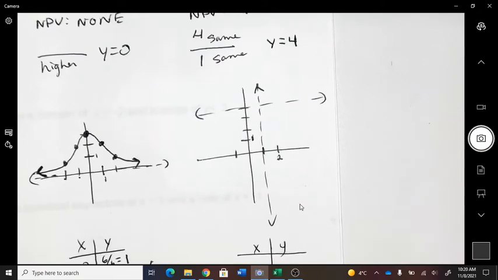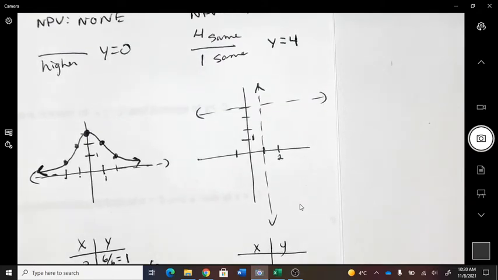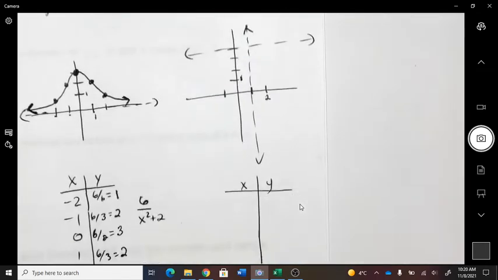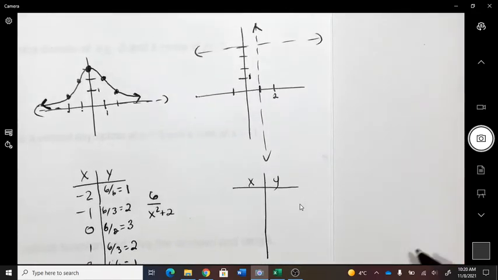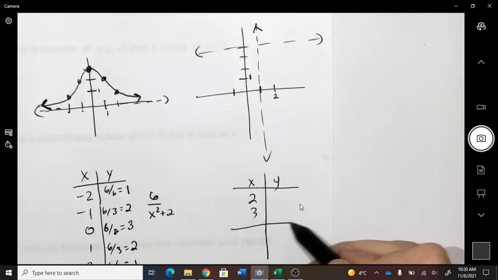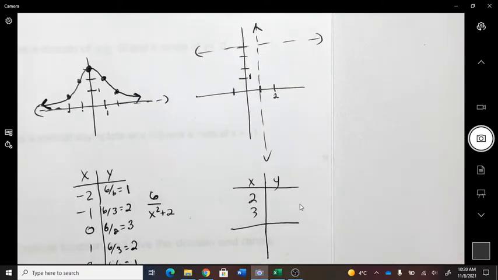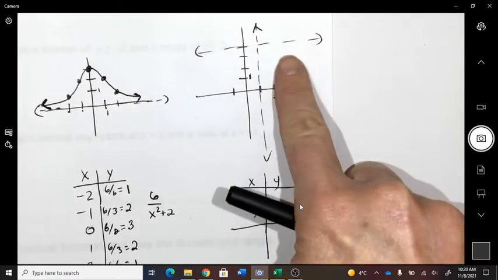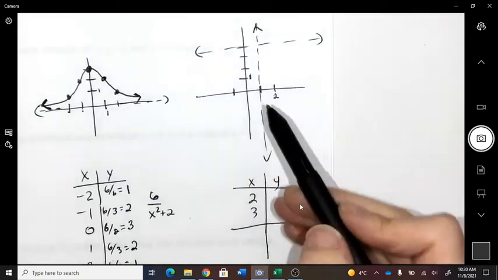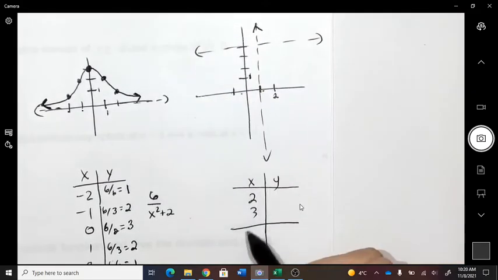If you were to pick some x values for your t-chart, I'm going to go with 2 and 3. I'm going to pick 2 on this side of the asymptote, and then 0 and -1. See where I'm picking from? I look at my asymptote, and I picked 2 on the right of it and 2 on the left of it.